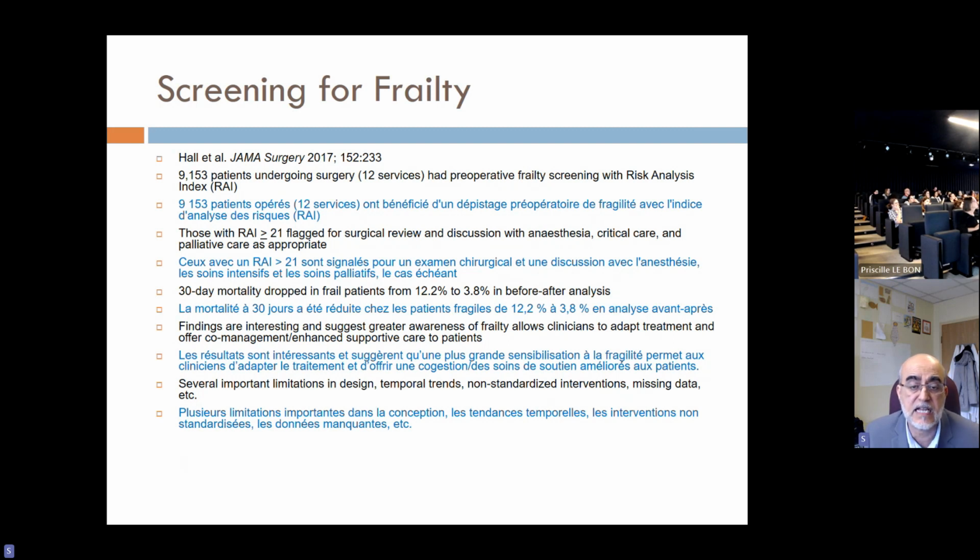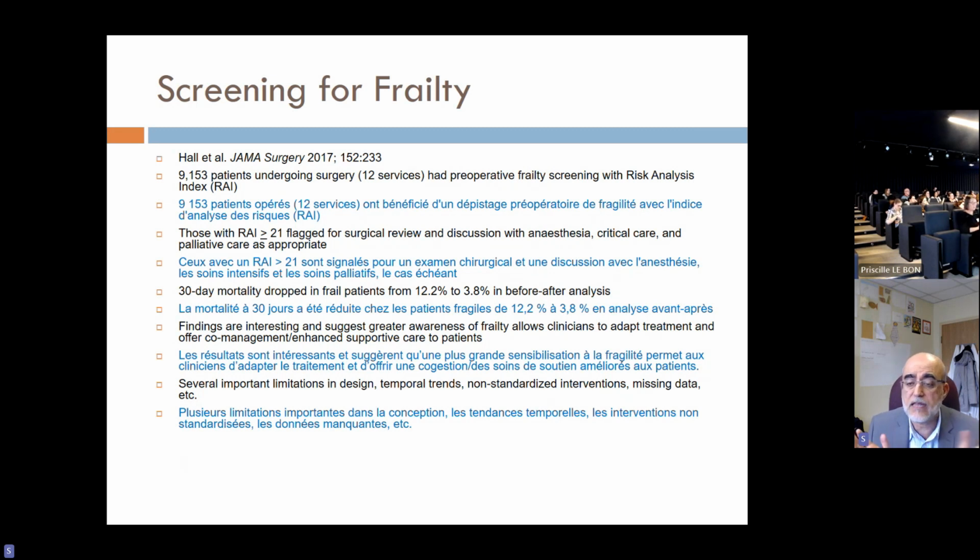Takes less than 10 minutes. And people with a score of 21 or higher were identified, and they underwent a careful surgical review and discussion with anesthesia, intensive care, palliative care, depending on each case.